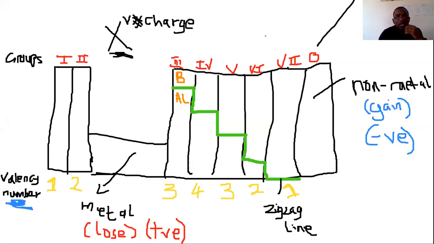For instance, they asked me to write the ionic symbol for potassium. For potassium, I'll start with the cations.